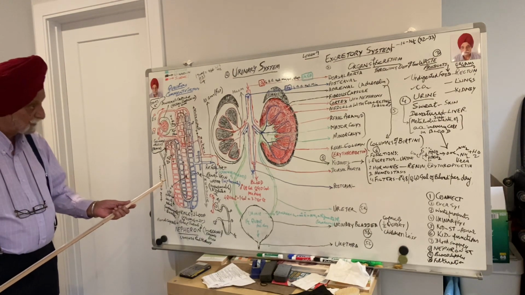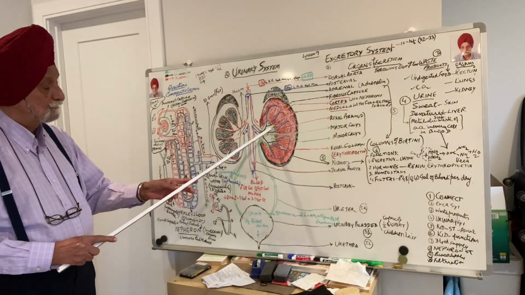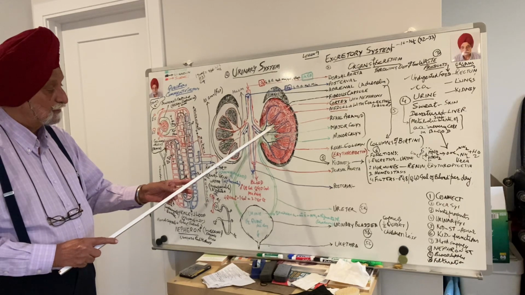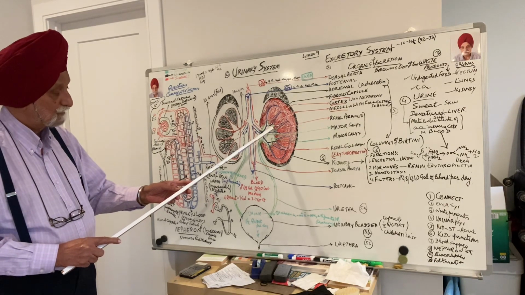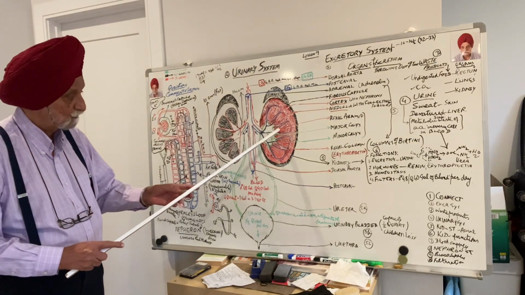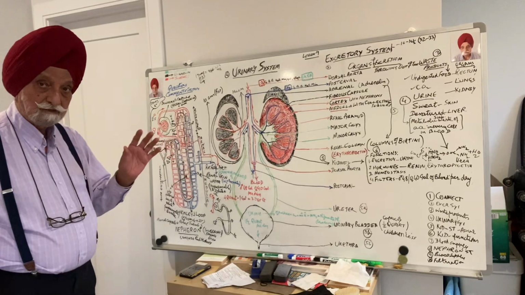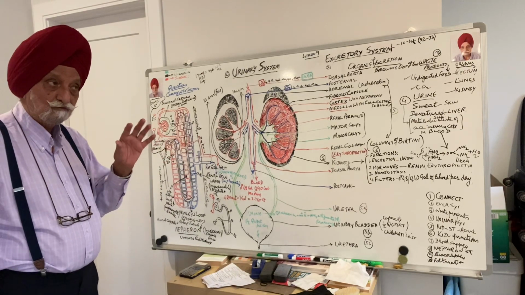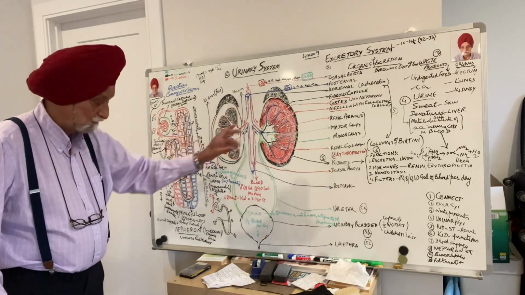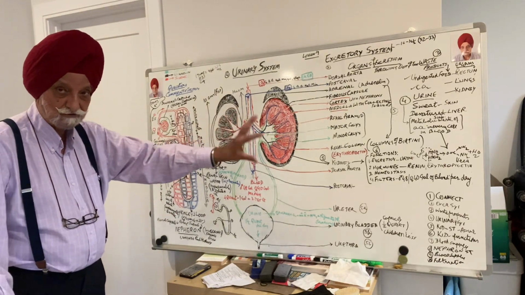And this urine collecting duct then opens into the pelvis, pelvis of the ureter here, from here. And imagine now, from around 1 million tubules like this, the urine comes here, of course drops.